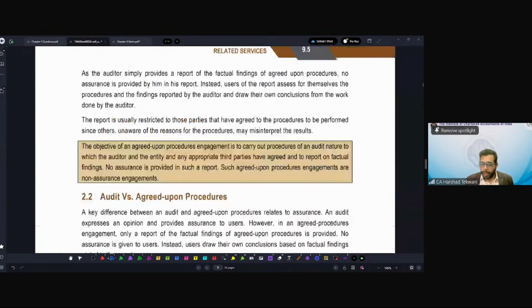Again and again, I will say that no assurance is involved or provided in the report. Rather, the users of the report have to draw their own conclusions from the work performed by the auditor.